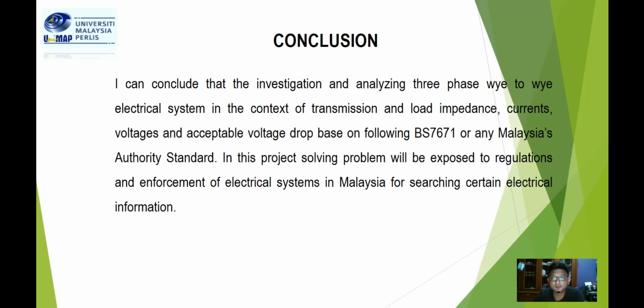In this project, solving the problem exposes us to regulation and enforcement of the electrical system in Malaysia, for searching certain electrical information. As electrical engineers, knowledge about the electrical rules enforced by the Malaysian Energy Commission, such as Electricity Supply Act 447, is also important to make sure this project can be implemented successfully.